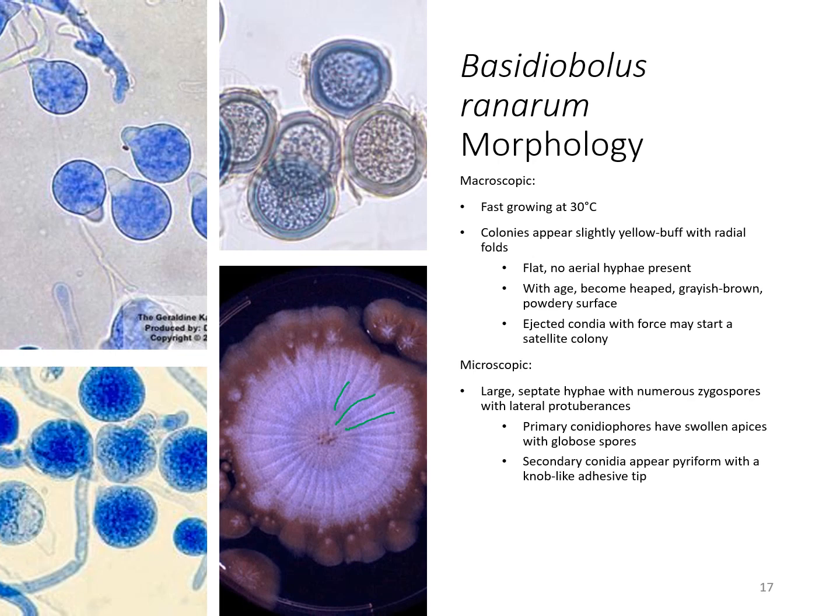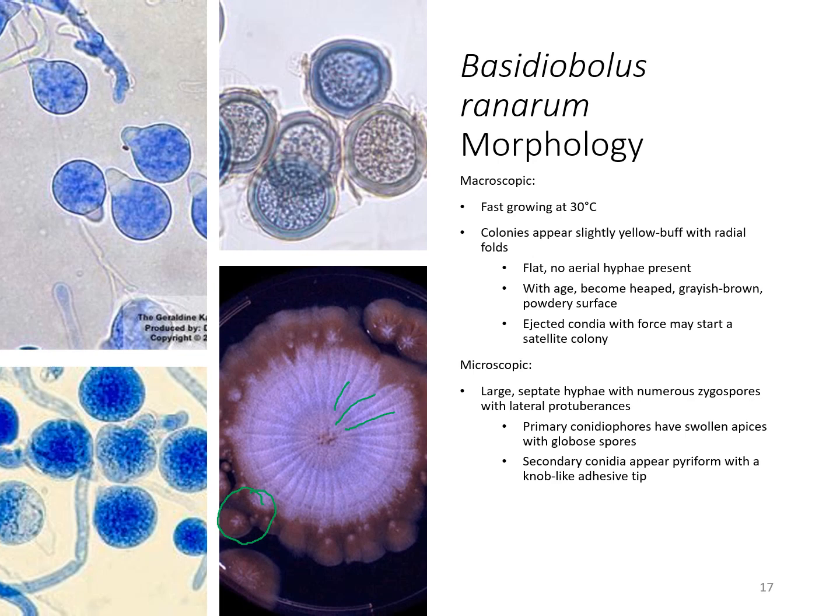With age, it can start to be heaped and have a powdery substance on it. And what can happen with these is the conidia can be ejected very forcefully, and so it can pop out and start forming all of these little satellite colonies down here.